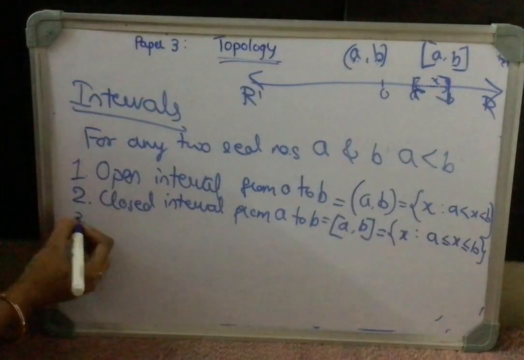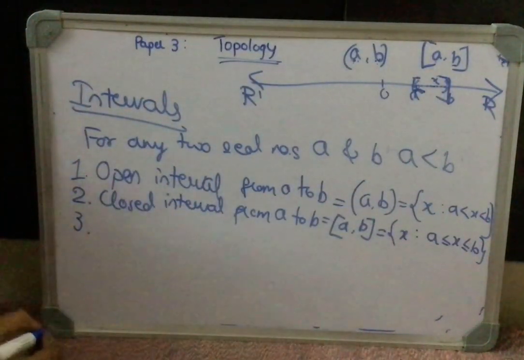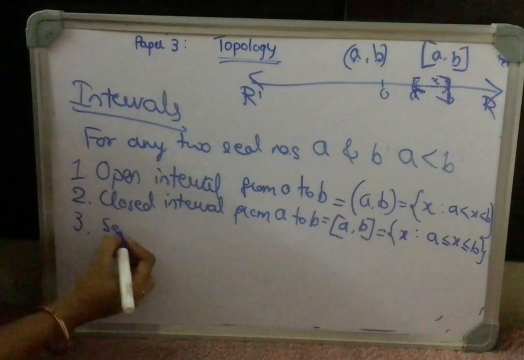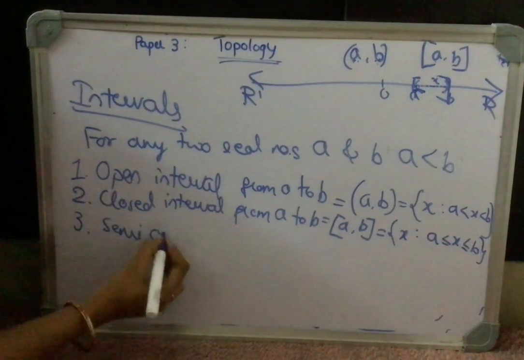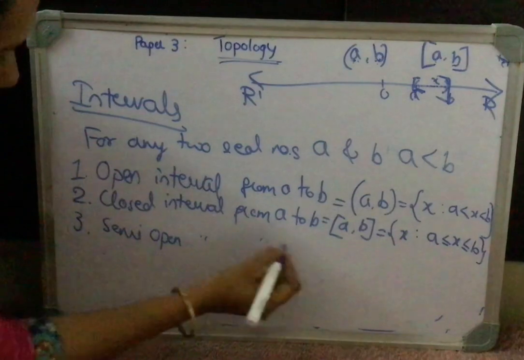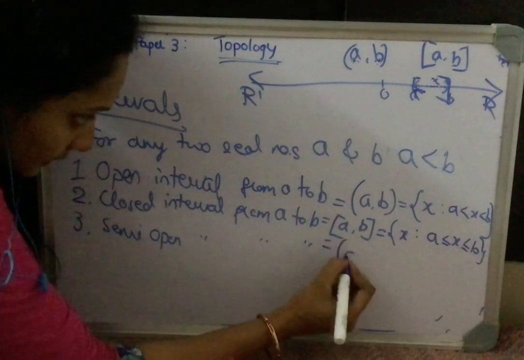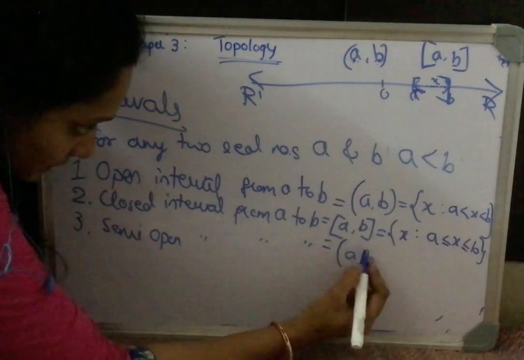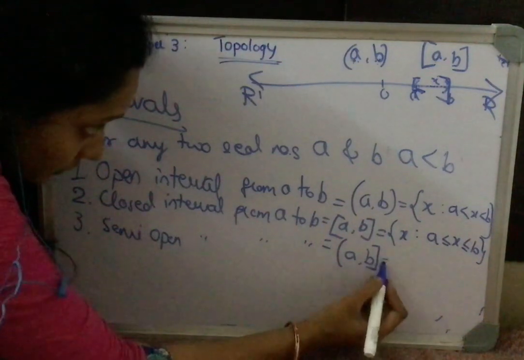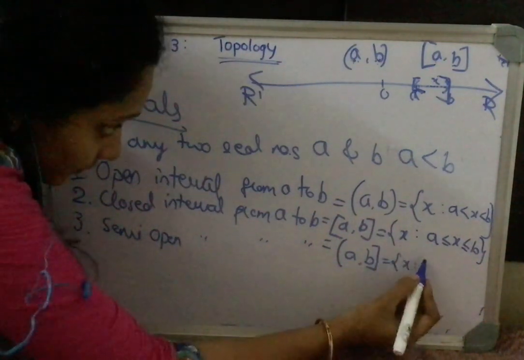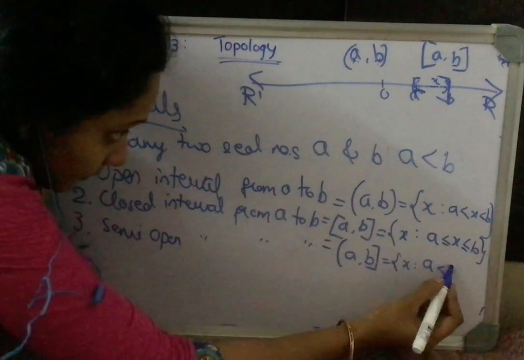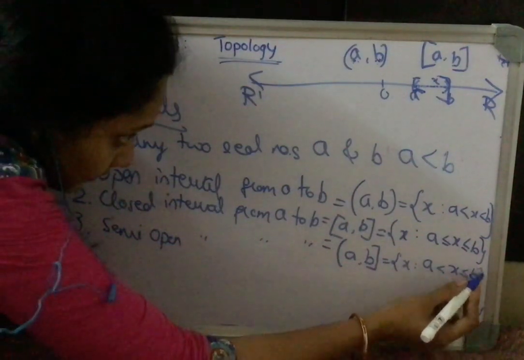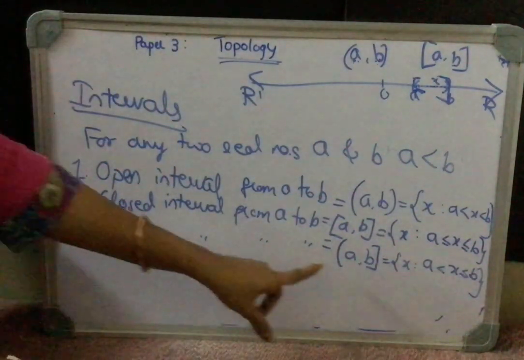Next is the semi-open interval from A to B. Semi-open means half open, one side open, this side closed. It is denoted like this.